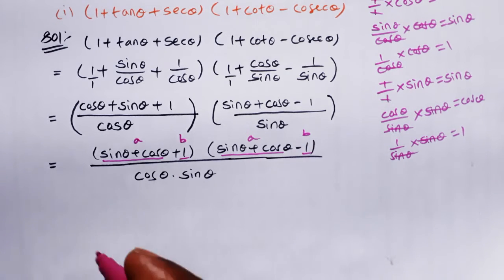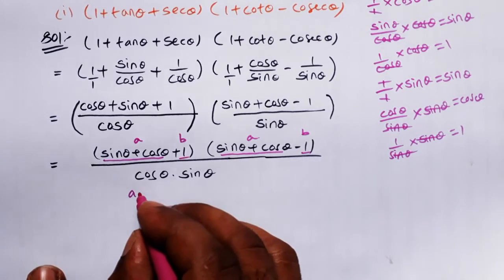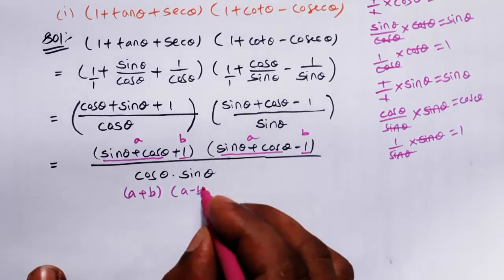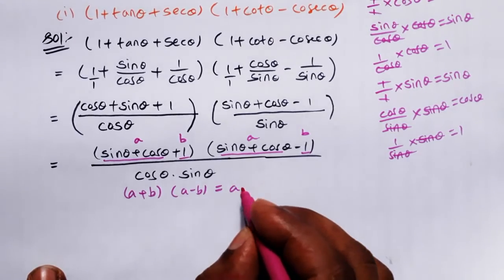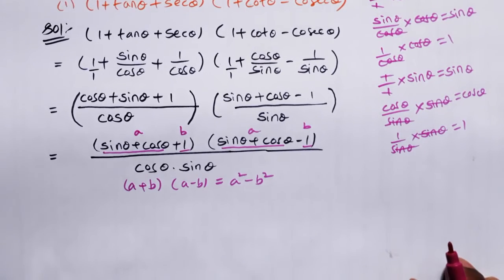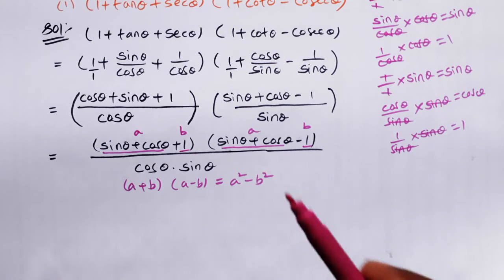What is the formula? A plus B into A minus B. Answer is A square minus B square.